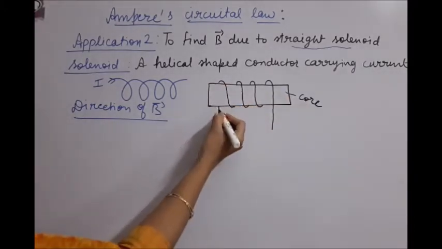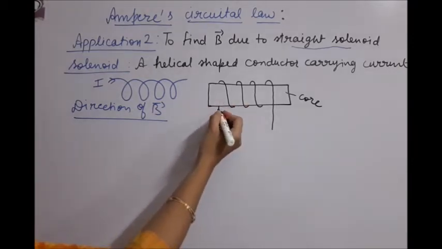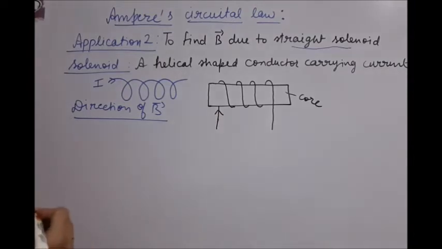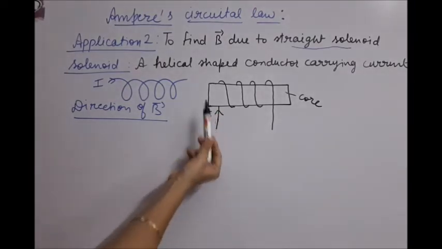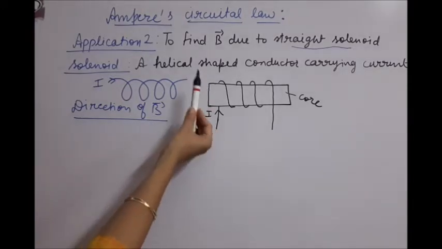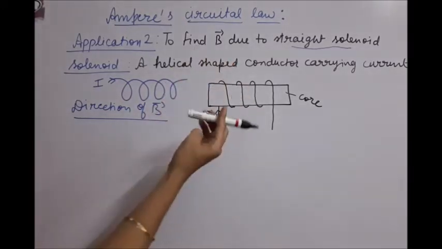Now in this it is very clearly shown where the current is up and where the current is down. Suppose I show this direction of current, then you can see at the back side the current is moving up and at the front side the current is moving down.